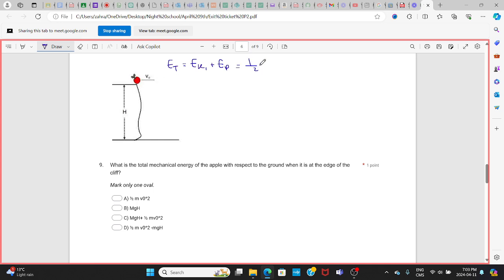So it is half m v0 power 2. And it has some distance from the surface of the earth, so for sure it's going to be mgh. So if you want to find the total mechanical energy, that would be, and you can show, half m v0 squared plus mgh, that would be the answer, okay?